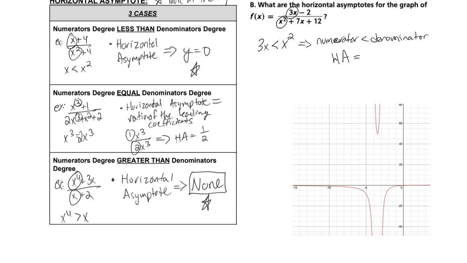So our horizontal asymptote is y equals 0, because that fits in our first case. So we can draw this y equals 0 line. Right, y equals 0, that's our horizontal asymptote.